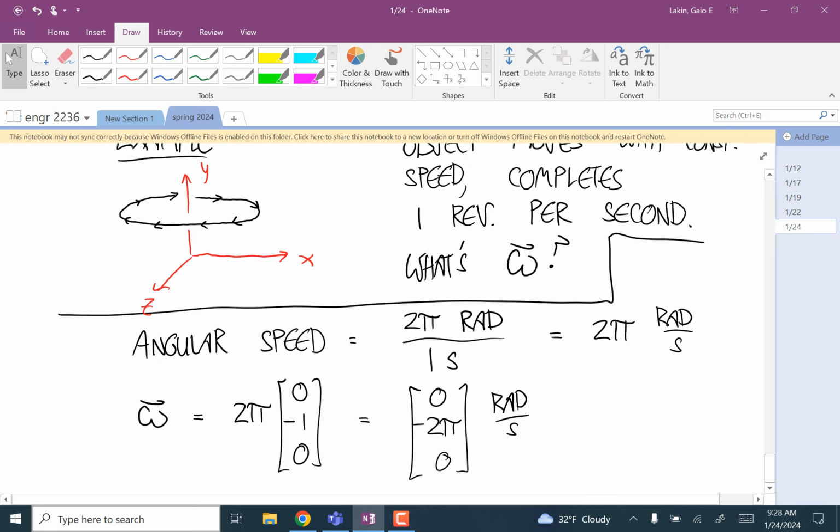But all I'm trying to get at is, even if something's moving all over a three-dimensional sphere, in an infinitesimal amount of time, it's always going to be carving out the arc of a circle. In the next infinitesimal time, it might be on a different circle on a different plane.